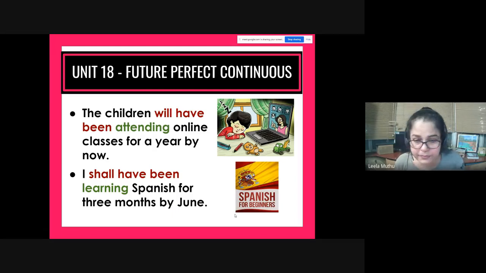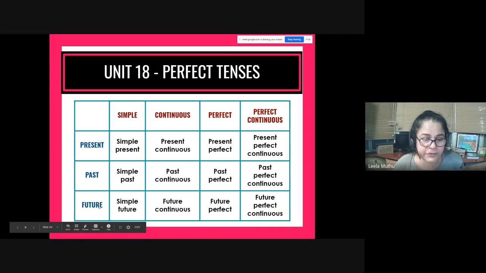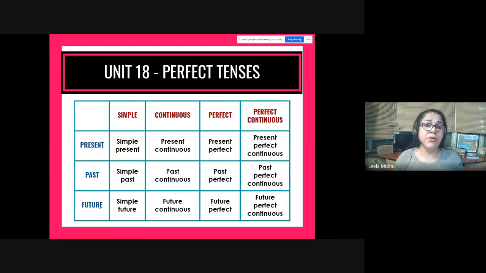So this is a simple chart which shows the different tenses. You have the present, past, and future, which is what we know tenses to be. But now you're in a bigger class, you know that there are different types of tenses. The main ones are the present, past, and the future. But the simple tenses: simple present, simple past, simple future.